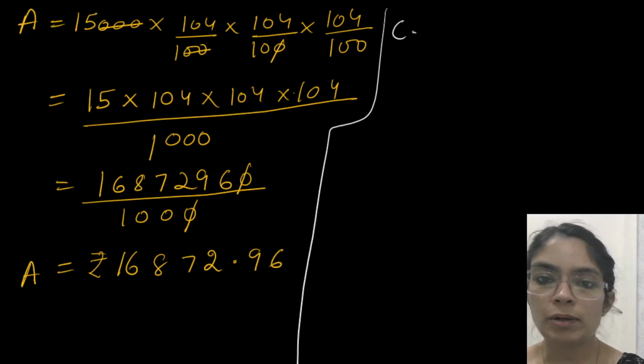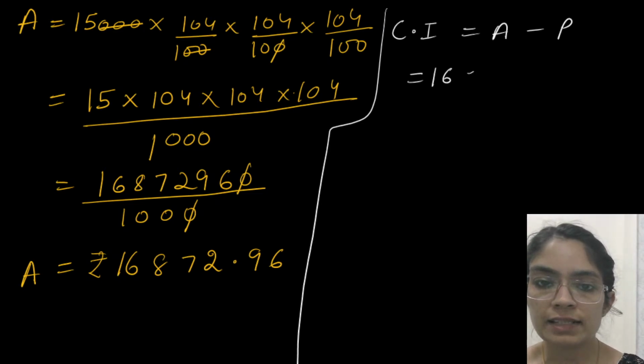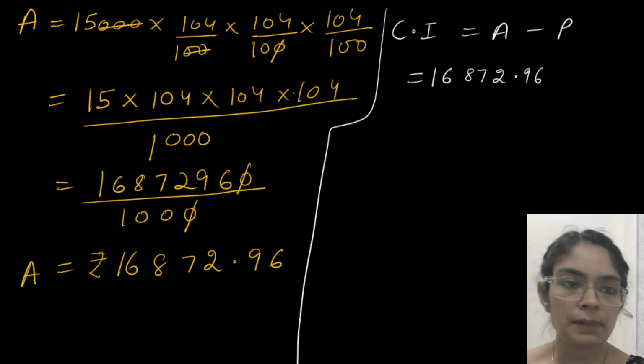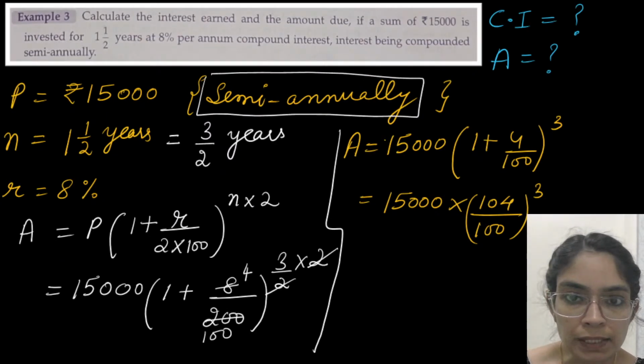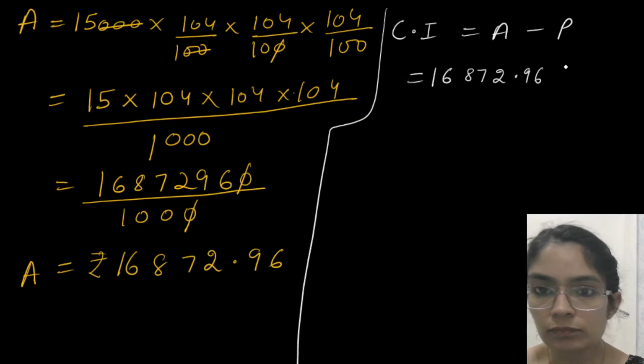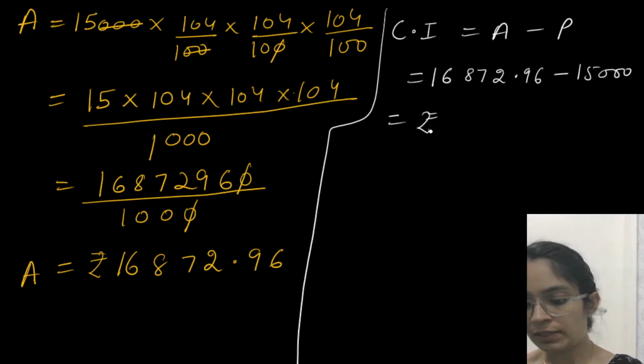Now compound interest we have to find. So this is A minus P. Amount we have calculated: 16,872.96. Principal here is 15,000, minus 15,000. If we do subtraction, what is the value of compound interest we will get?